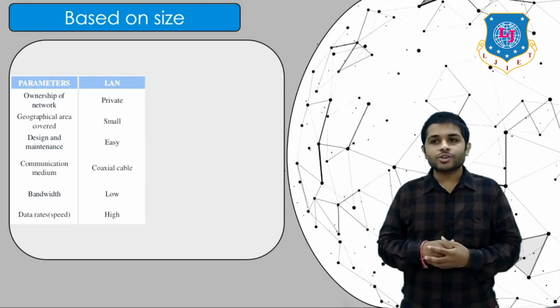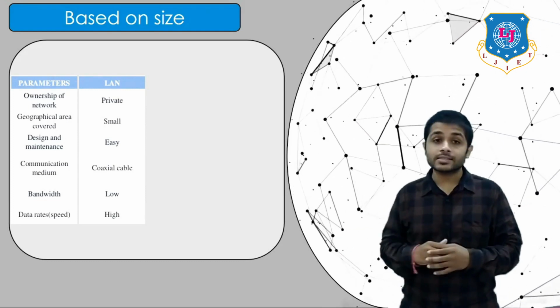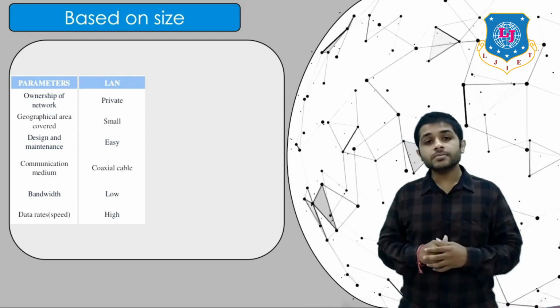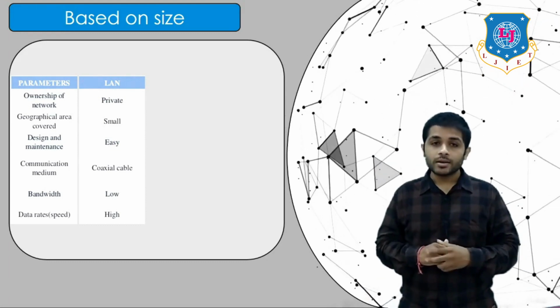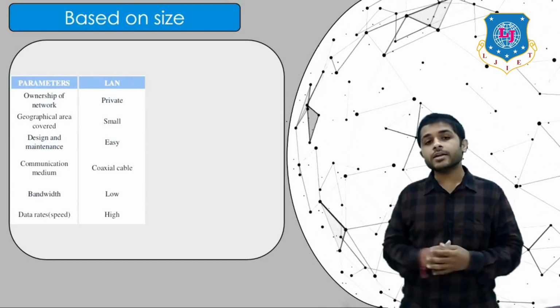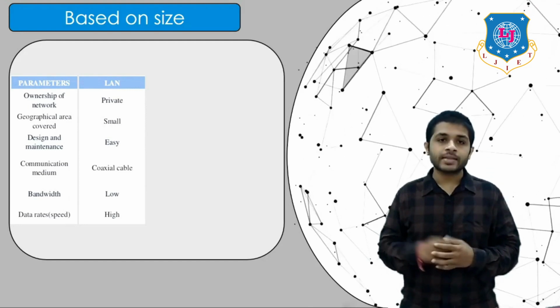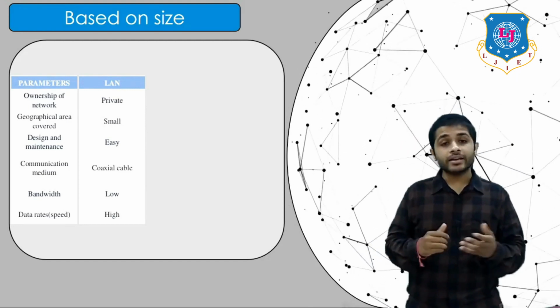The maintenance is also easy because the number of devices required is very less. The communication medium can be coaxial cable, but it is not the same for all cases. It is totally dependent on the user what type of cable he wants to use. The bandwidth is low and the data rate is very high.